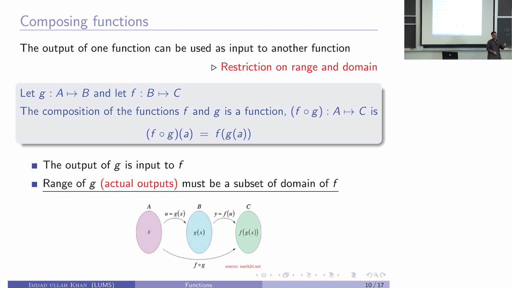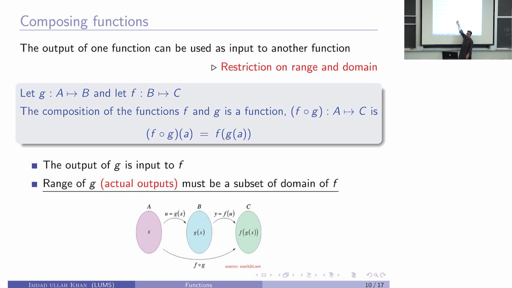Because we are applying f to the output of g, g had better output only those things on which f can operate. So the outputs of g, the range of g, or even better the codomain of g, but the range of g must be a subset of the domain of f.